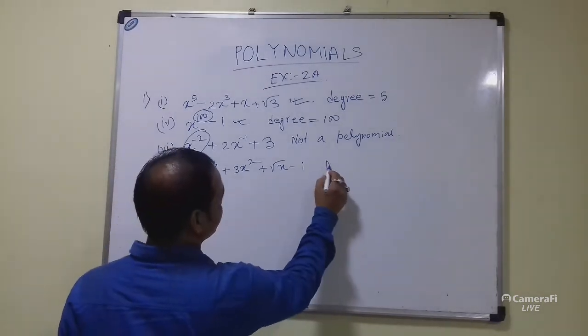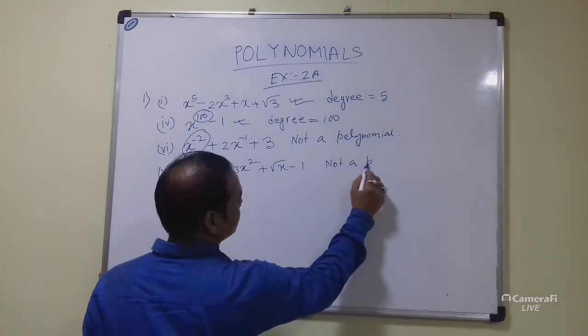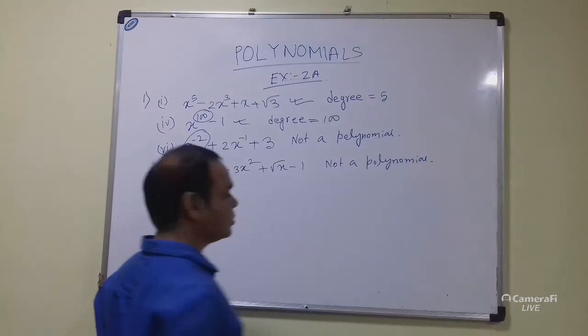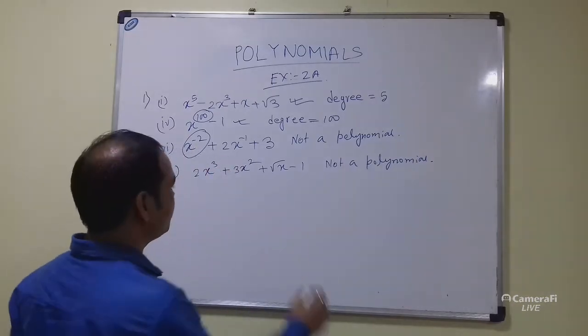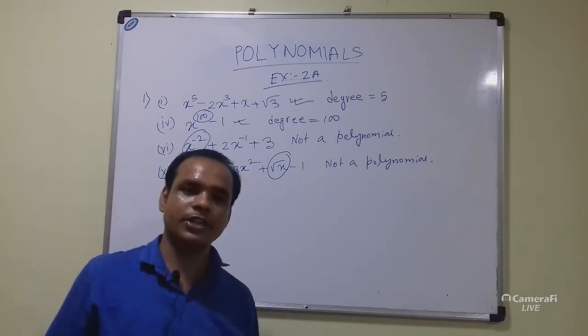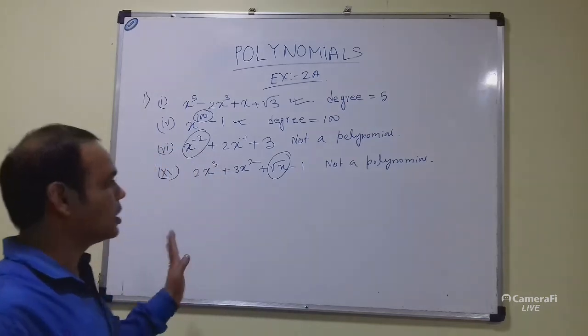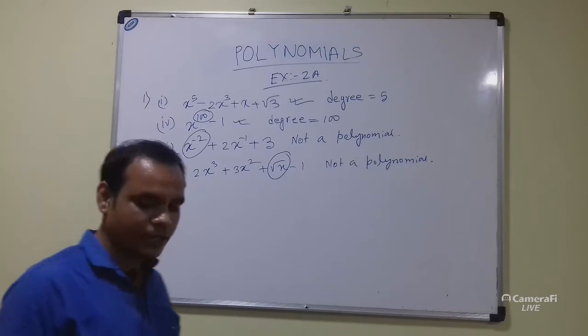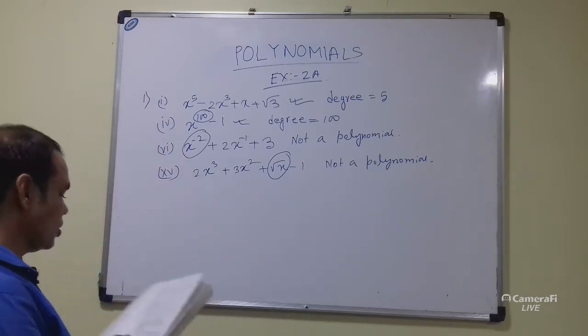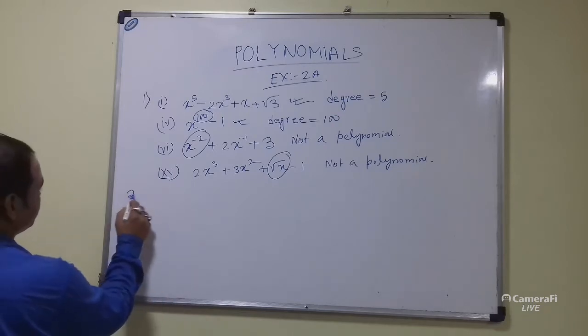It's not a polynomial. Why is it not a polynomial? Because if the variable has a root, then it's not a polynomial. I hope you understood.